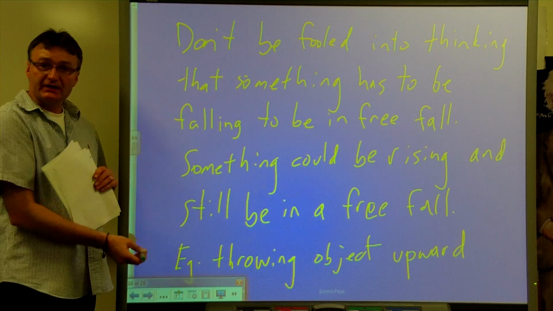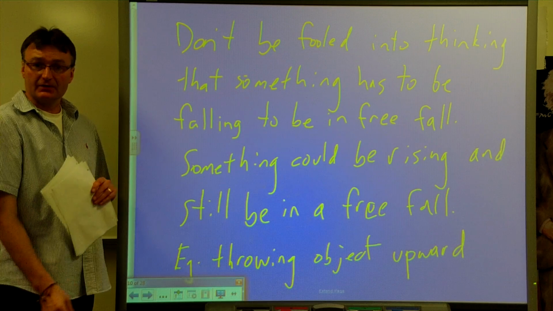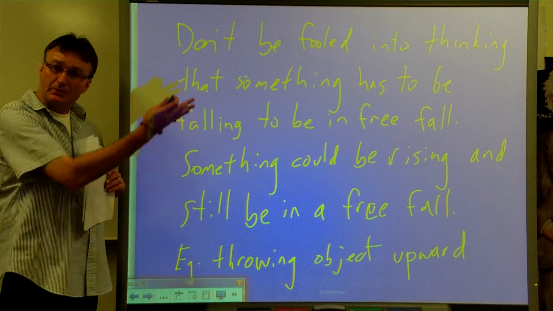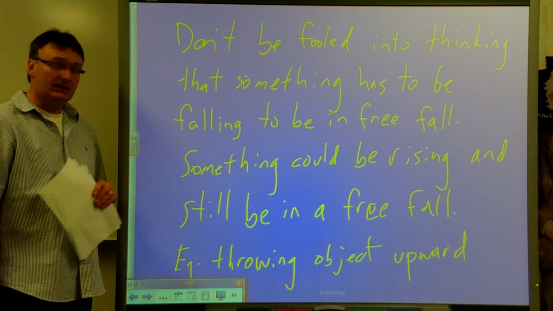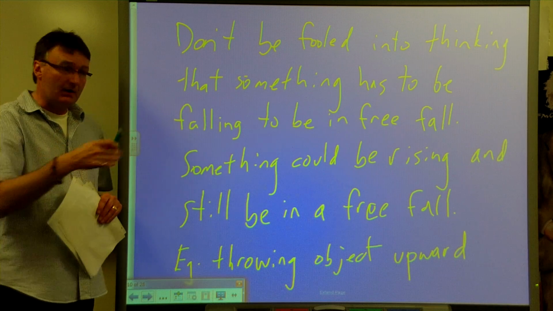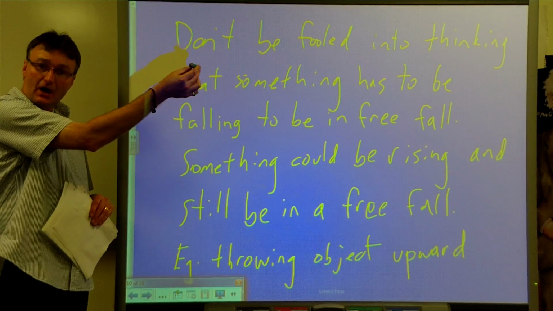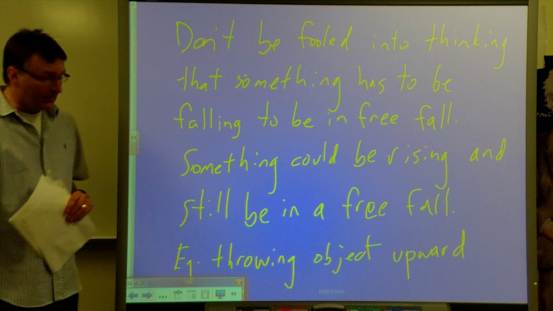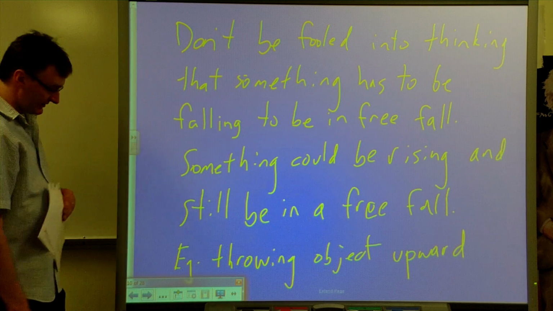But while it's rising, the only force on it is gravity. So it's in a free fall. While the pen is on its way up, it is indeed in a free fall, and then it stops at the top. Keep that in mind as well, that the object will actually come to a stop at the top and then go back down again, because we will make use of that information in just a little bit.